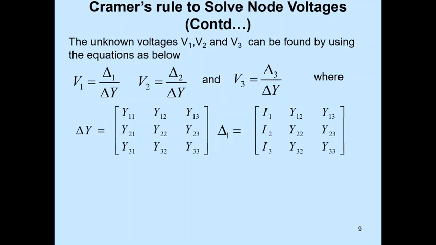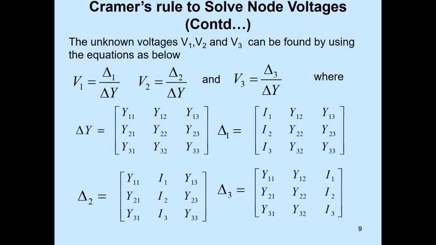Delta 1 is obtained when the first column is replaced by the current matrix, and V1 can be found from that.